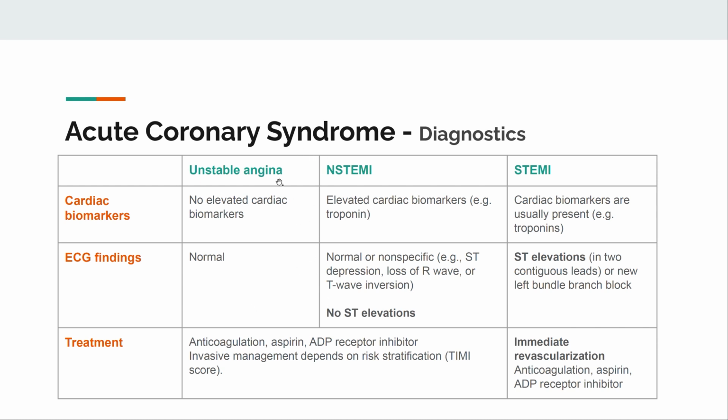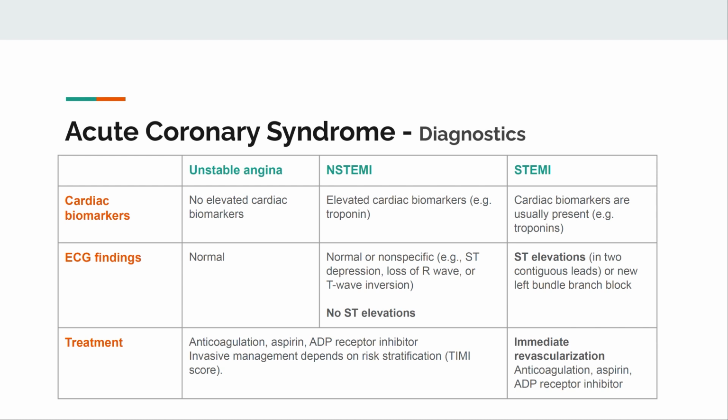So unstable angina, the troponin will be normal, the ECG will be normal, but they still have the clinical feature of cardiac chest pain at rest. NSTEMI versus STEMI, they'll both have troponin rise, but an NSTEMI will have either ST depression or some T wave changes that suggest ischemia. STEMI will have ST elevation in contiguous leads with reciprocal depression in the opposite leads.